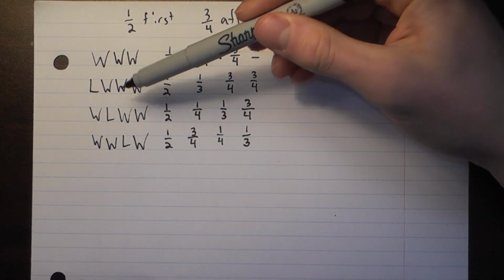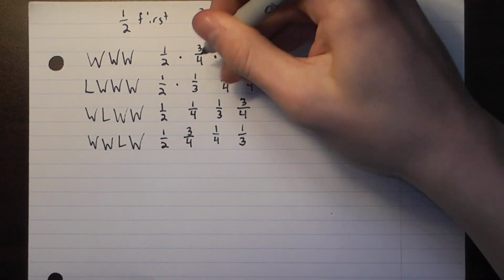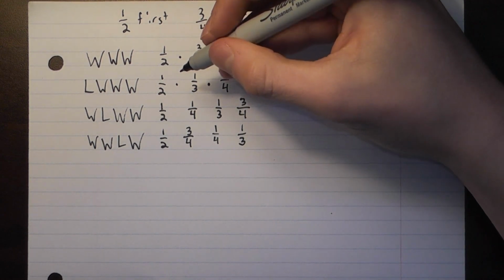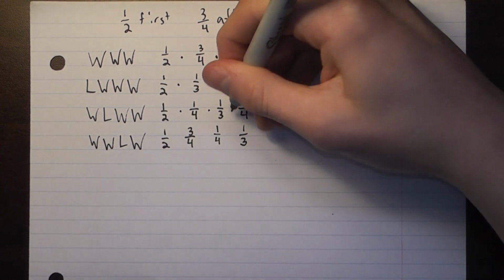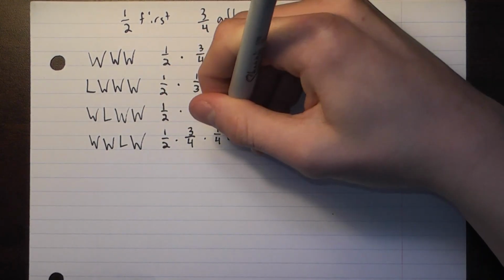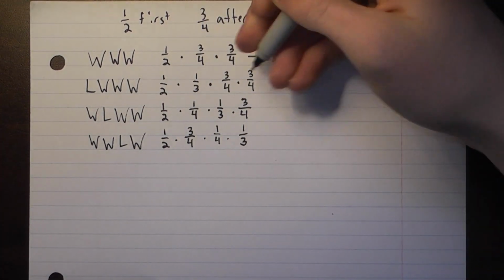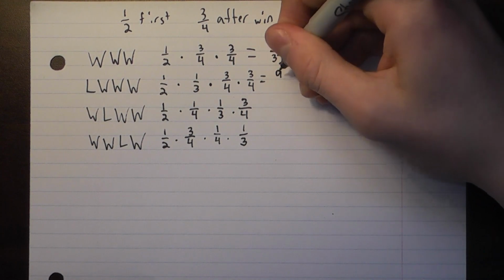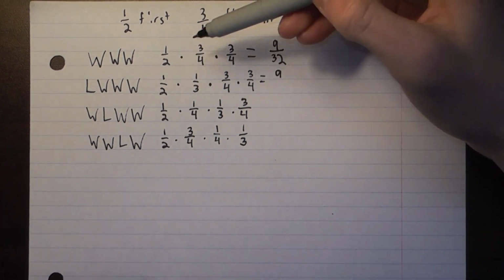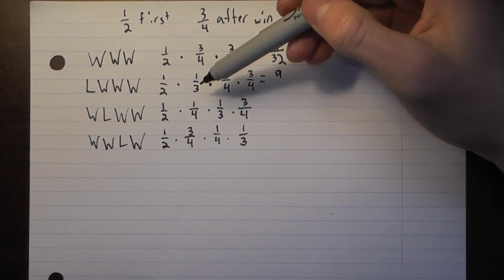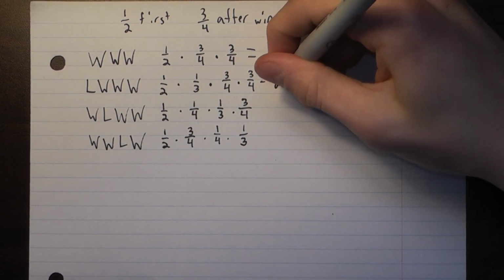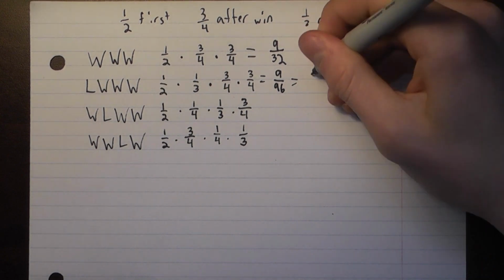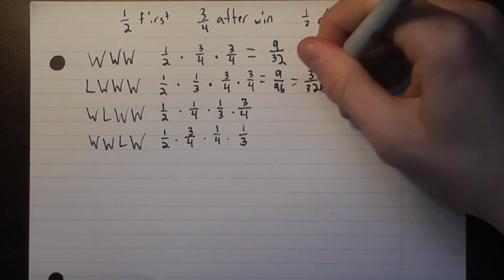So this next one, she lost that and won that and won that and won that. So it's all multiplying. Multiplying the numerators together, we get 9 again. And then the denominators together, we got 2 times 3 is 6, times 4 is 24, times 4 is 96, which can be simplified to 3/32.